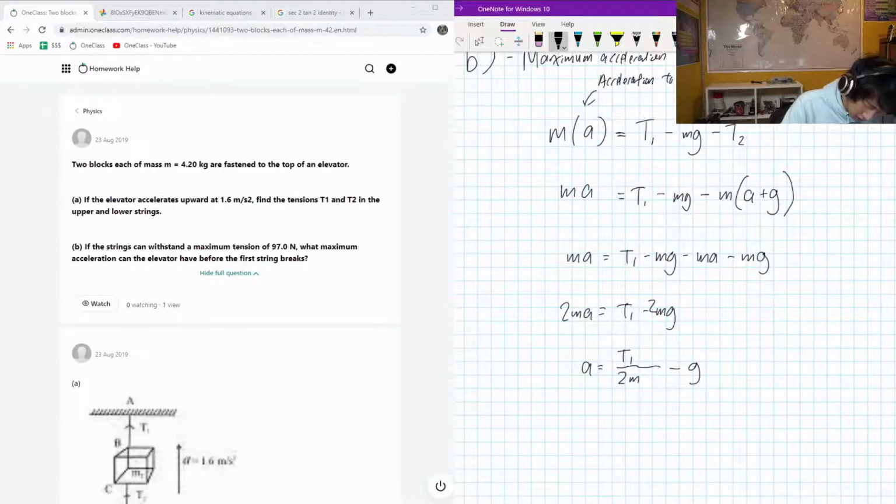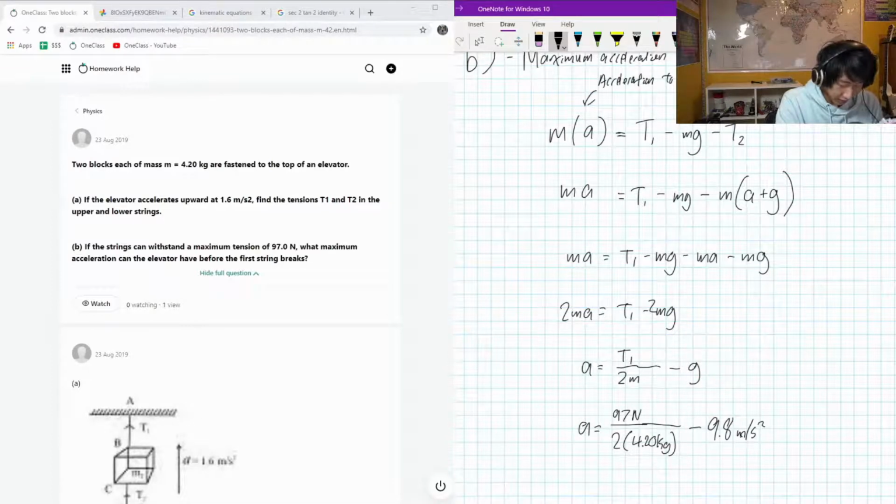Okay, so subbing in all of our numbers, we're going to get a is equal to the top tension, that's going to be 97 newtons, over 2 times the mass, 4.20 kilograms, and minus 9.8 meters per second squared.